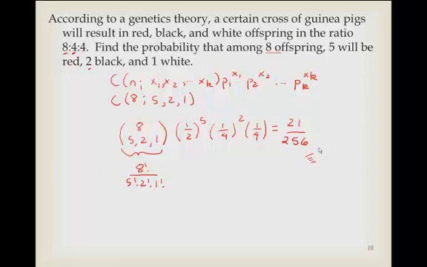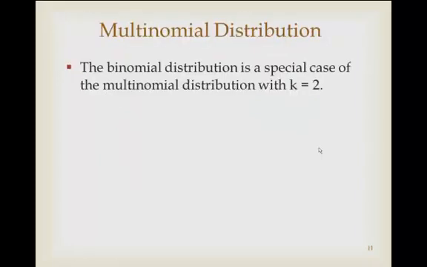Okay, so we've got that. Now let's work another problem, or let's see, we'll actually do a little bit of exploration. The binomial distribution, as it turns out, is just a special case of the multinomial, and in that particular case, k is equal to 2.